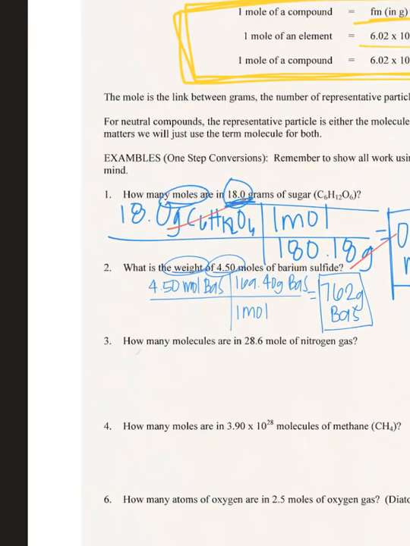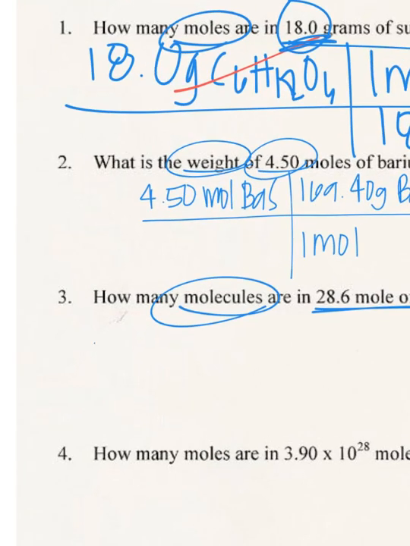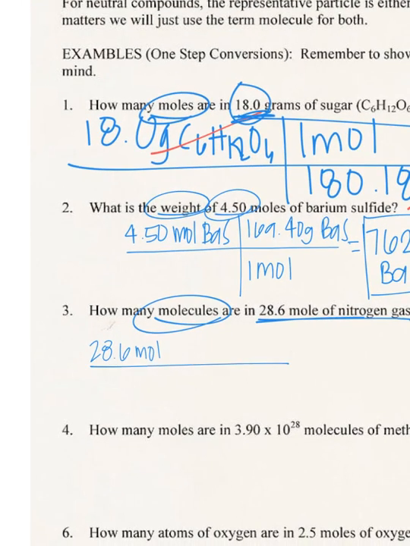Number 3, how many molecules are there in 28.6 moles of nitrogen gas? Remember, nitrogen at room temperature is a gas. Nitrogen is also a diatomic, Brinkelhoff. Anything that falls in Brinkelhoff is a diatomic, which means it comes in pairs in its room temperature state. So we start with what they gave us, that's 28.6 moles, and they want to know molecules.